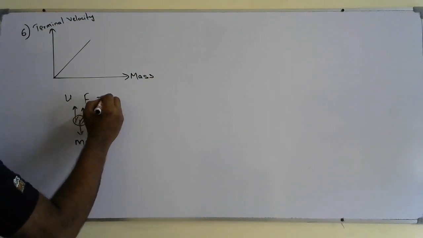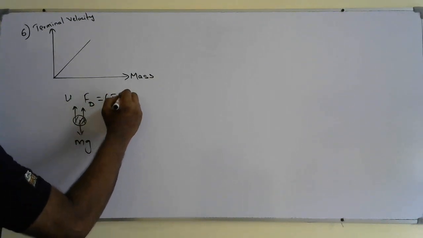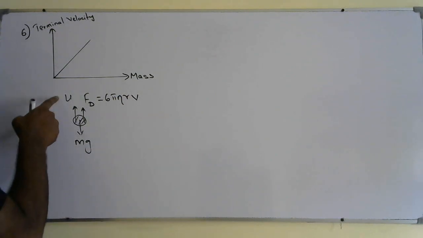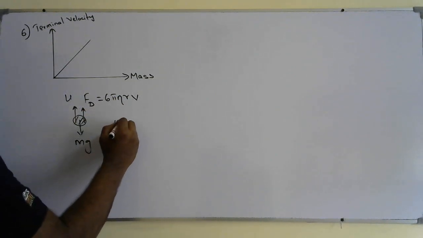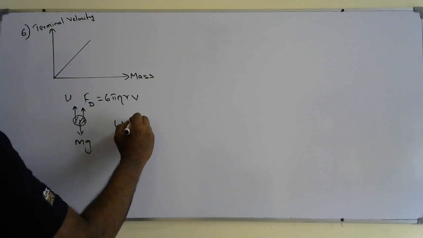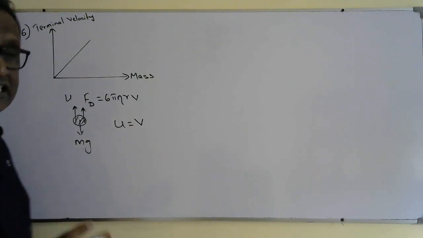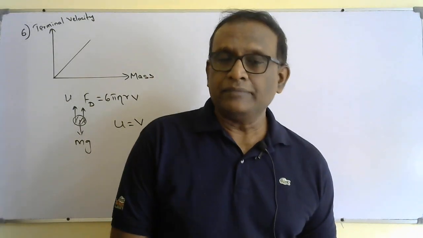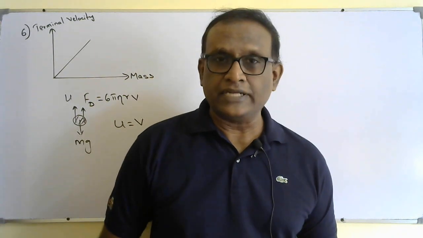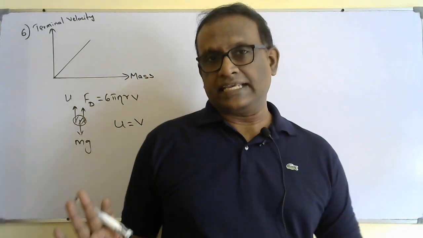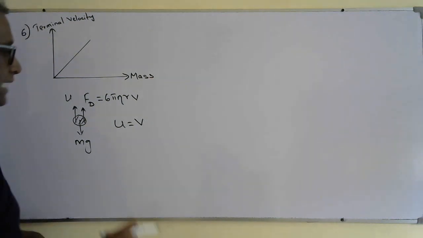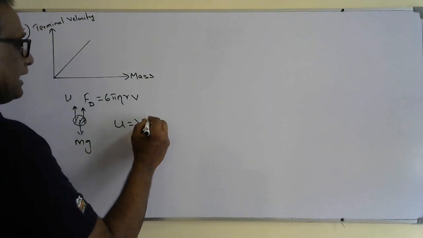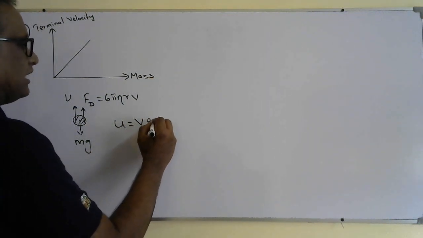The drag force is given by 6 pi eta r v. You know that upthrust is given by the volume of the displaced fluid, but the object is completely inside the liquid, so it is the volume of the object times the density of the liquid times g.